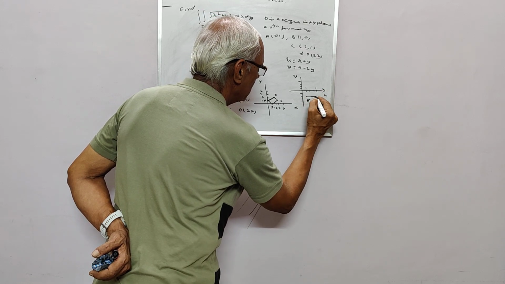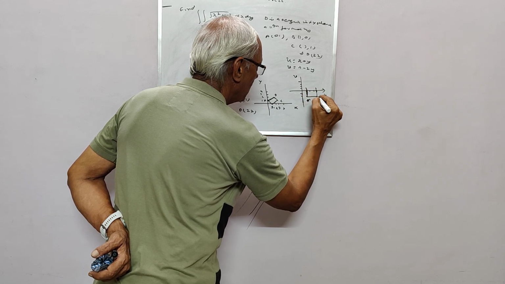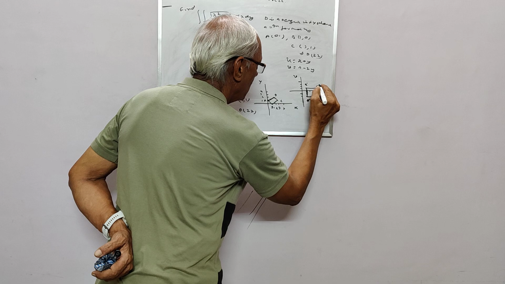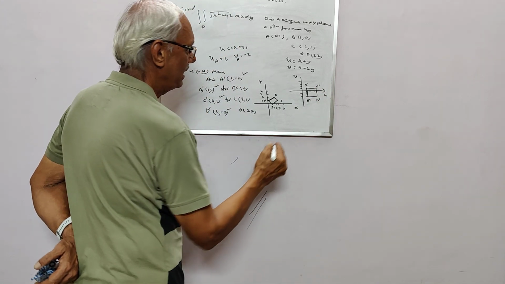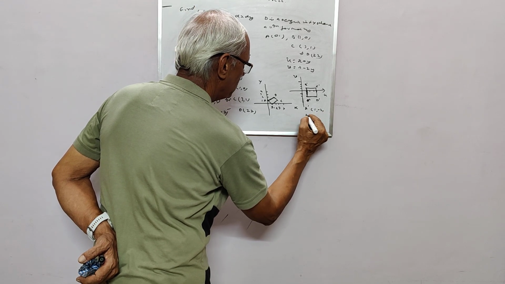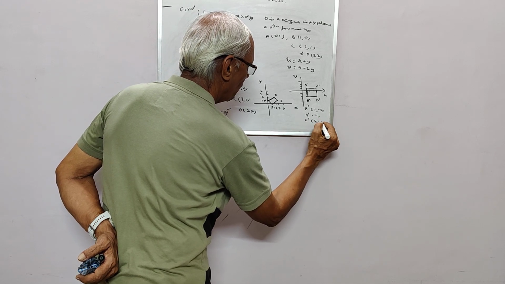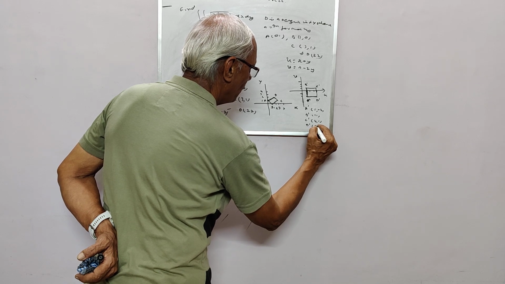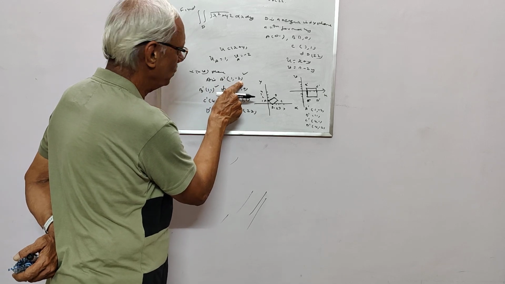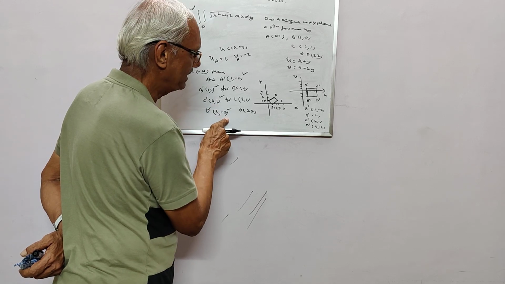So you see that a dash is 1 minus 2, b dash is 1 1, c dash is 4 1, and d dash is 4 minus 2.